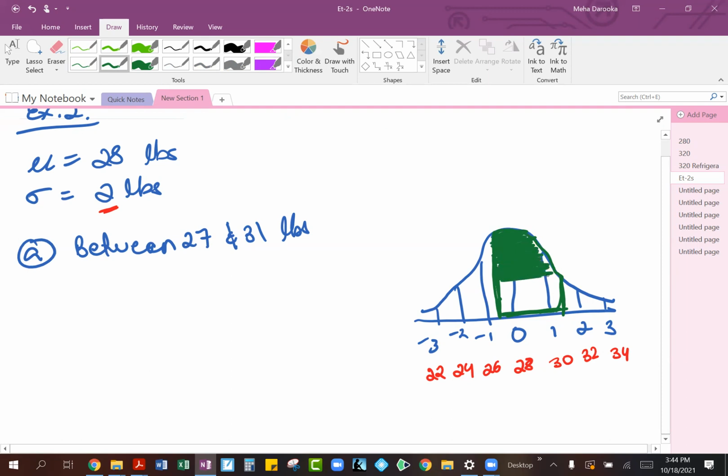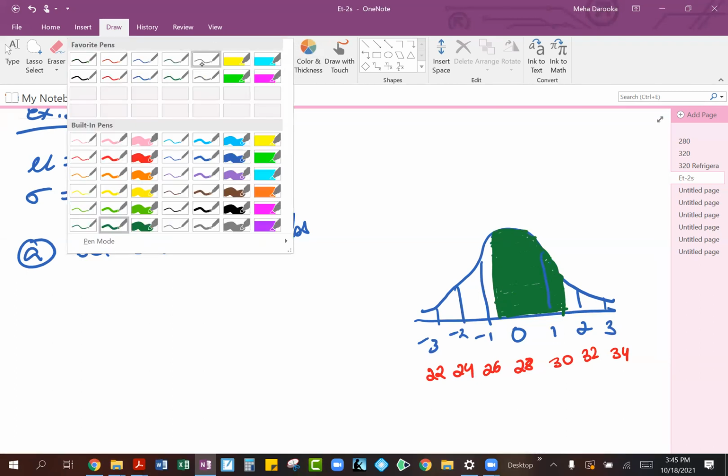So the first thing we would have to do before we can even go to that standard normal distribution table is find the z-scores for 27 and 31. So this is where we are converting this from just a regular application into a standard normal distribution application. So let's start with that.